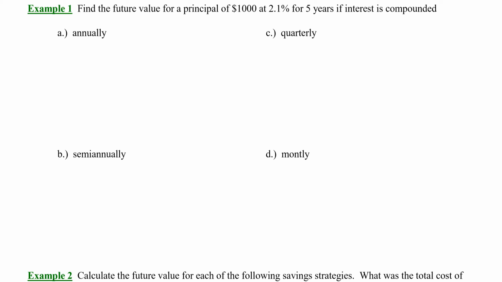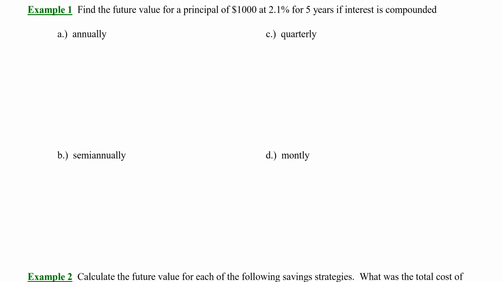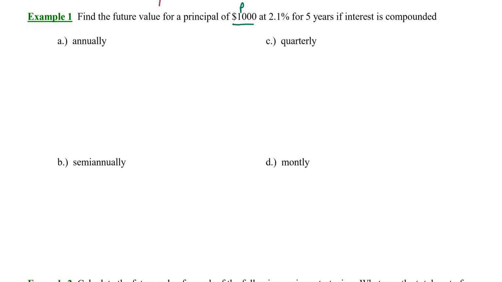Example 1. Find the future value for a principal of $1,000 at 2.1% for 5 years if interest is compounded annually, semi-annually, quarterly, or monthly. So these are some various options out there for different compounding periods. Notice our principal here is $1,000.